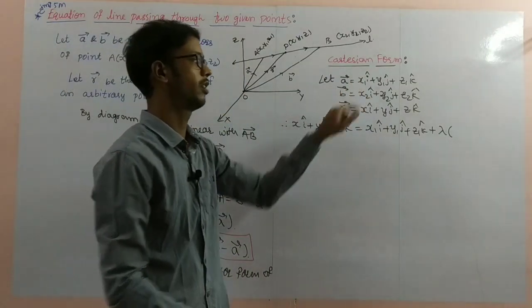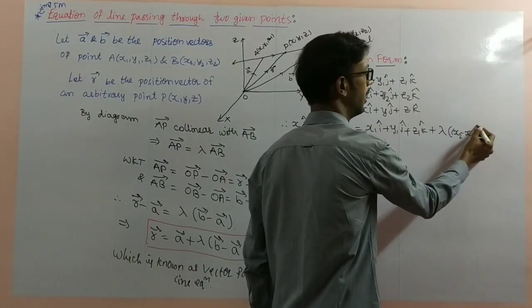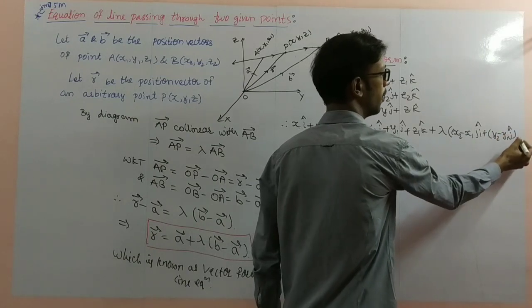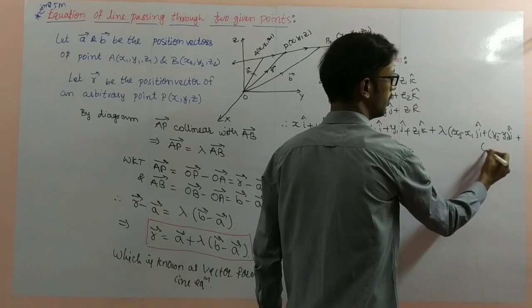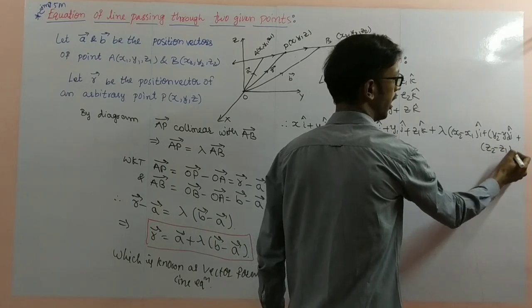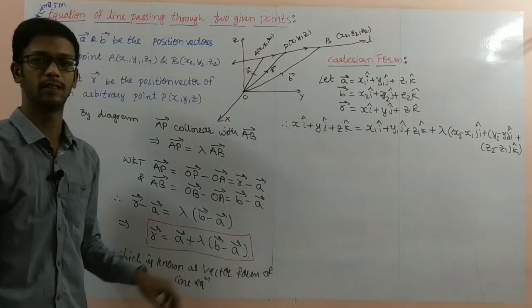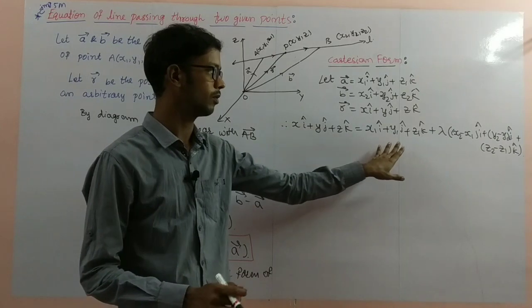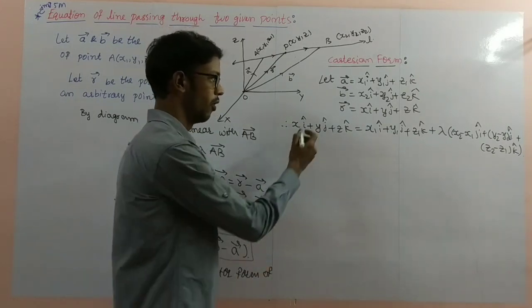Directly I am writing X2 minus X1 i cap, Y2 minus Y1 j cap plus Z2 minus Z1 k cap. So that is the B bar minus A bar vector. Now take the A bar on the left side. What will we get?